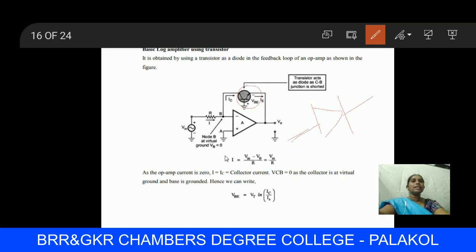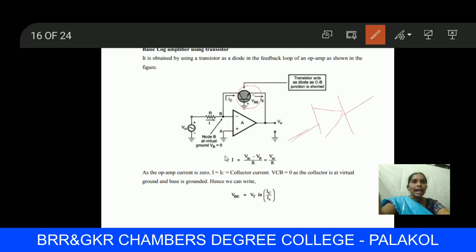But in this presentation, I explain only the transistor based logarithmic amplifier. Here the CB junction is shorted. It is obtained by using the transistor as a diode in the feedback loop. That means this transistor will act as a diode.